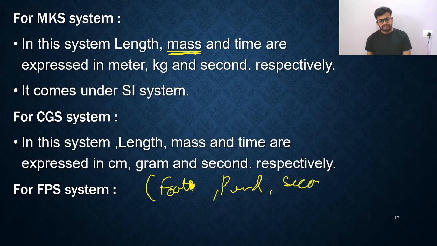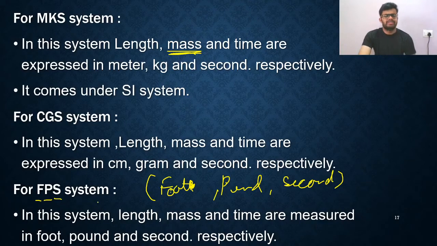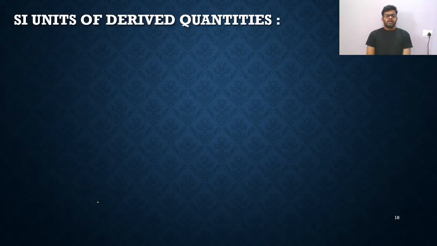So my dear friends, all three fundamental quantities, length, mass, and time, are very important main physical fundamental quantities, right? So using foot, pound, and second, the FPS name is given. For length foot, for mass pound, and for time second. That's all.